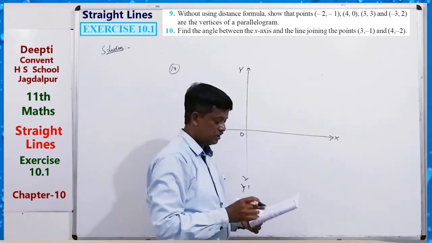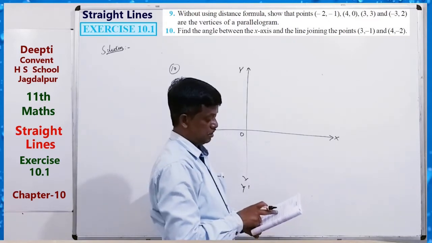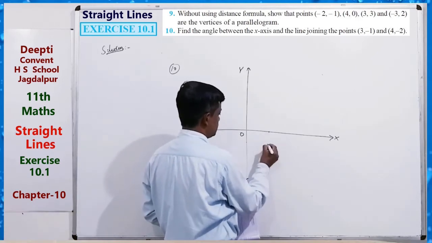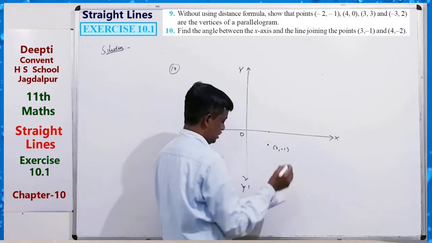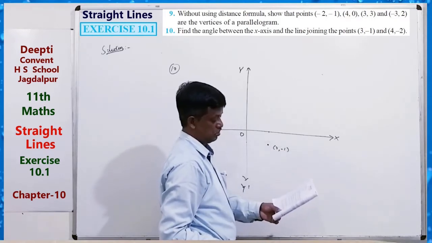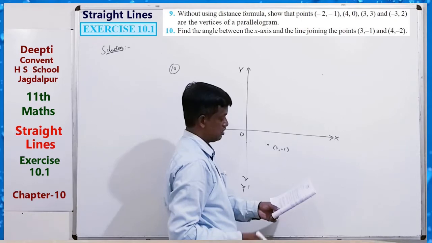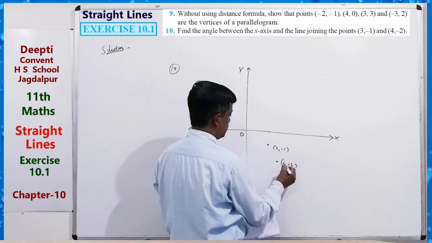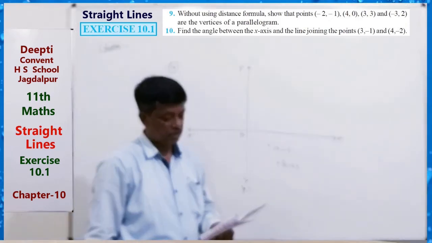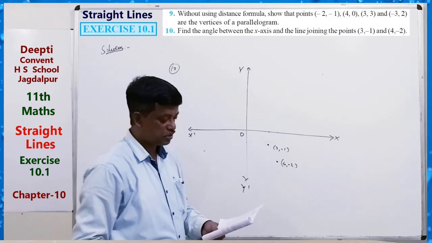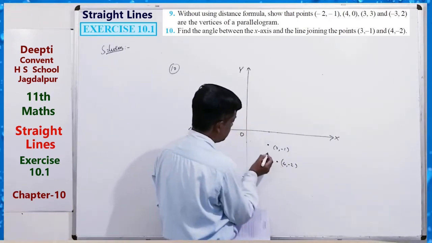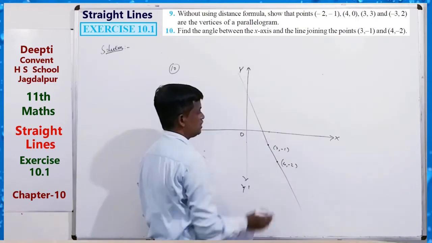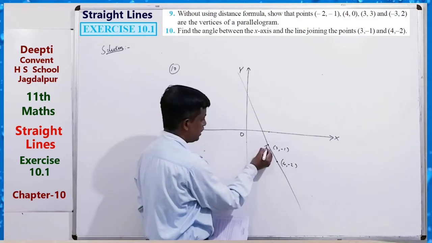One line is the x-axis and the other is the line joining these two points, (3, -1) and (4, -2). Suppose this is point A and this is point B.